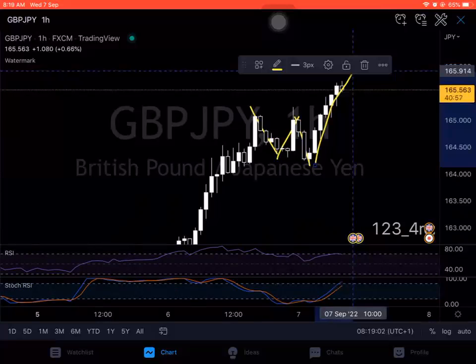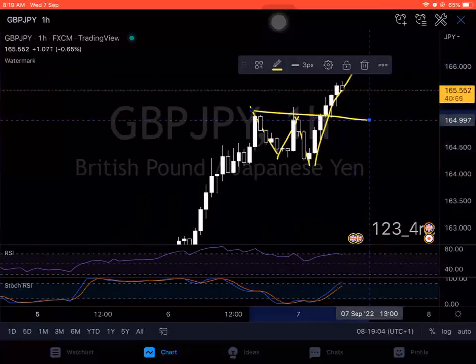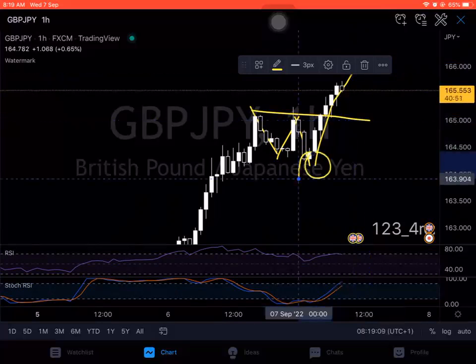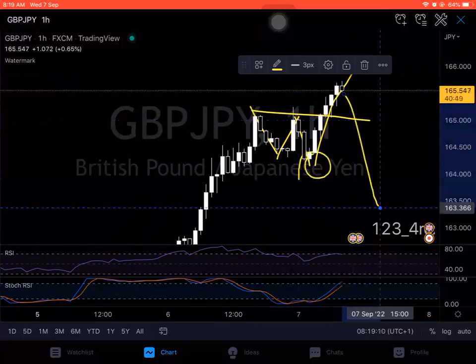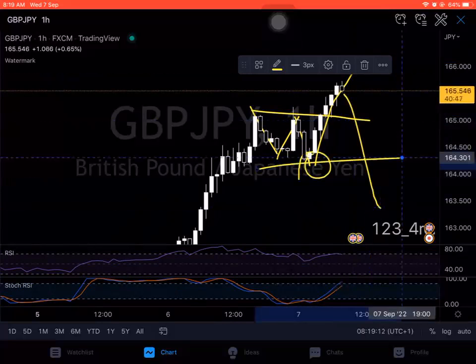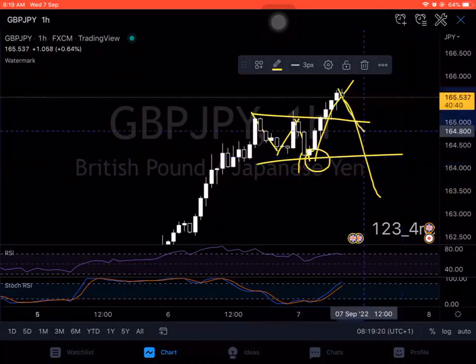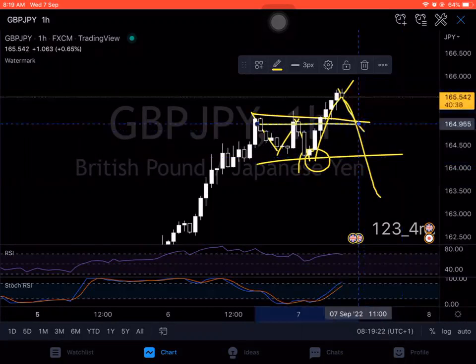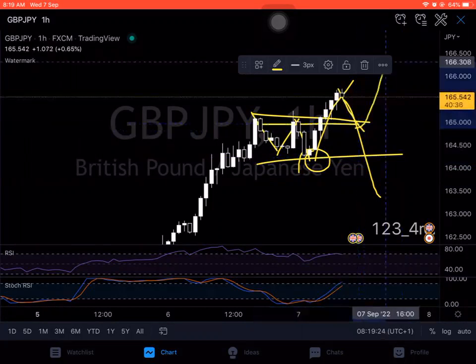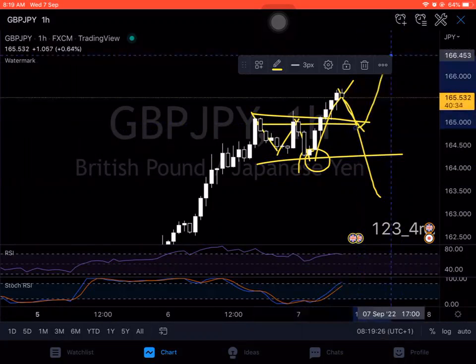So I've broken the structure, and we're still pretty bullish. Watch out for this low here, because the moment price comes back to break this level, we've shifted structure, which GBP will hardly do. At the same time, you can watch out if you get a tap here, or that reaction here to continue the trend.